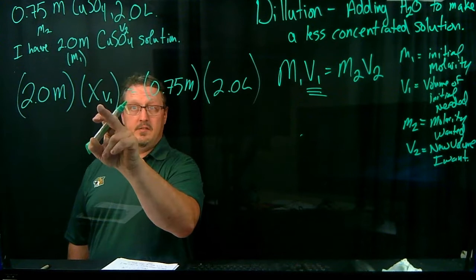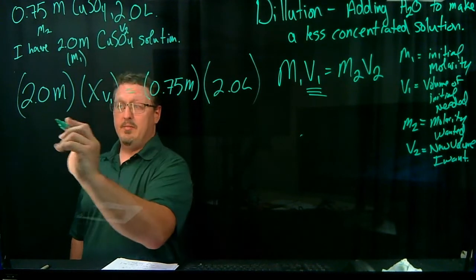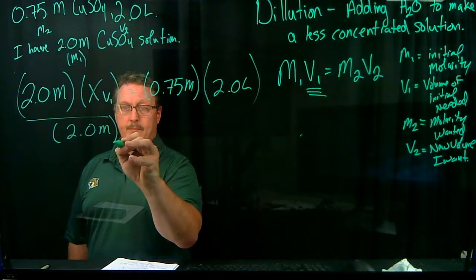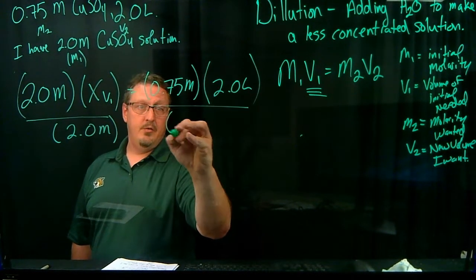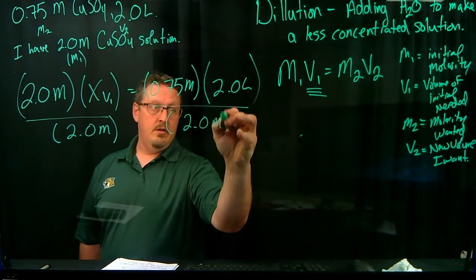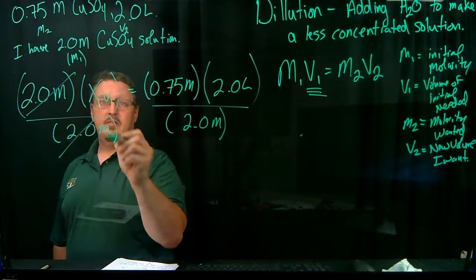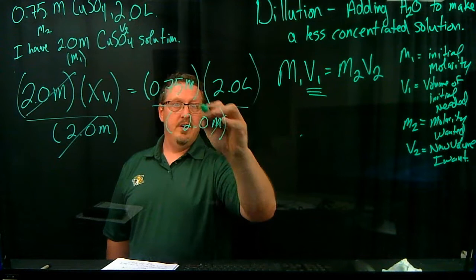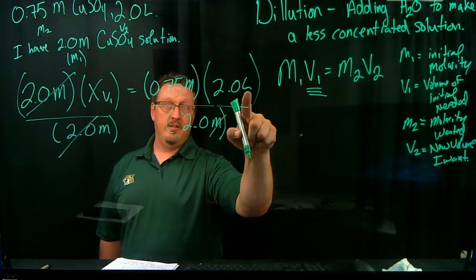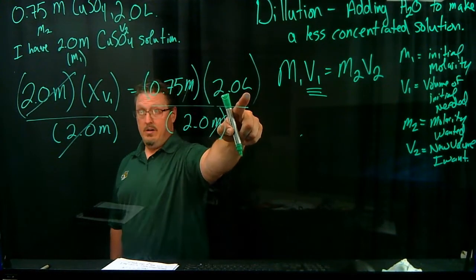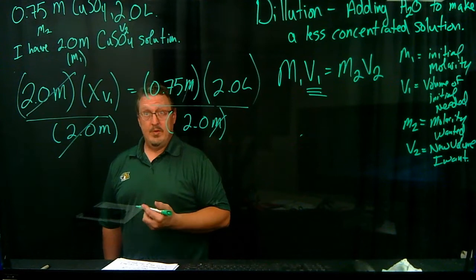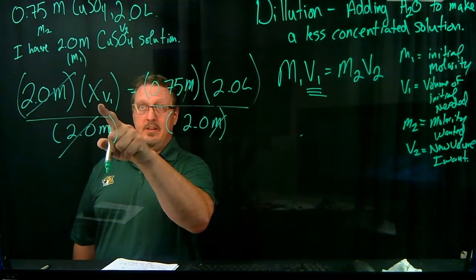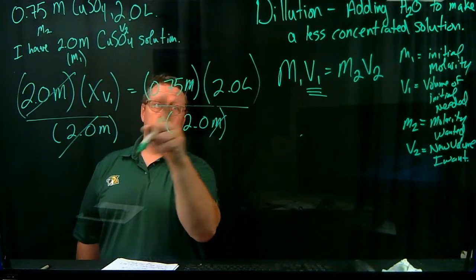To get this alone, I have to do the opposite mathematical operator. So I'm going to divide by 2.0 M. What I do to one side, I do to the other side. That cancels off, leaves me with volume on this side. So now molarity is going to divide by molarity. It's going to leave liters in the numerator here. And so we did it right. It's the right setup. So how many liters of this do I need to dilute to 2 liters?